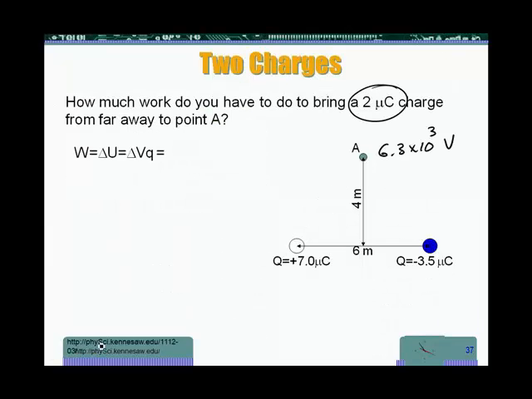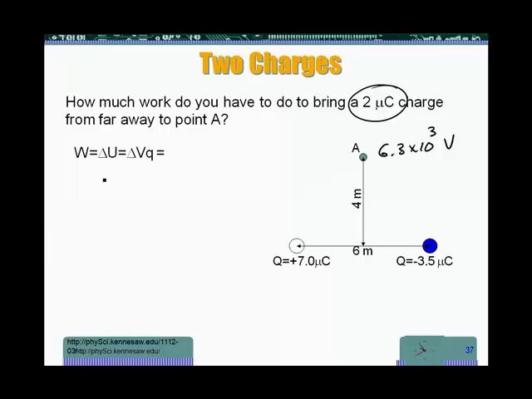Now, we could have calculated this by calculating the work done to bring the charge, calculating the work due to the plus 7 microcoulomb charge and plus the work due to the minus 3.5 microcoulomb charge.